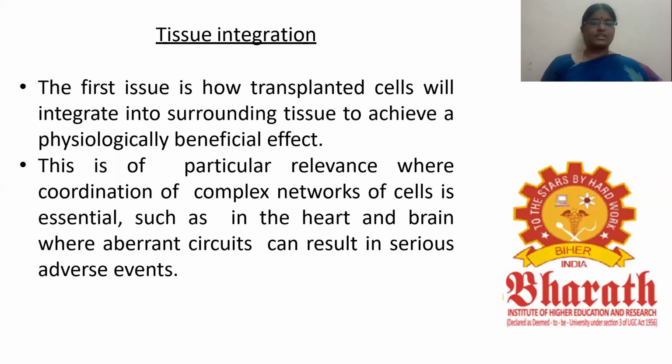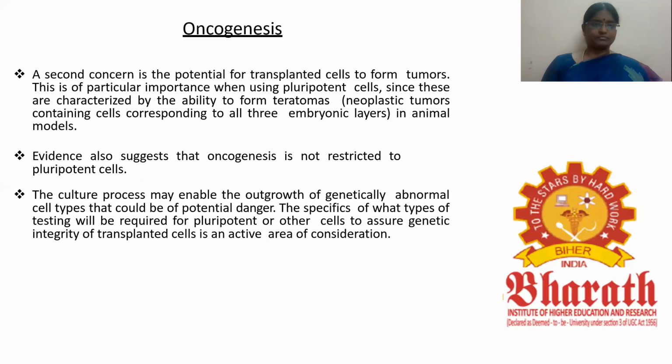The first issue is how transplanted cells will integrate into surrounding tissue to achieve a physiologically beneficial effect. This is of particular relevance where coordination of complex networks of cells is essential, such as the heart and brain cells, where aberrant circuits can result in serious adverse effects.